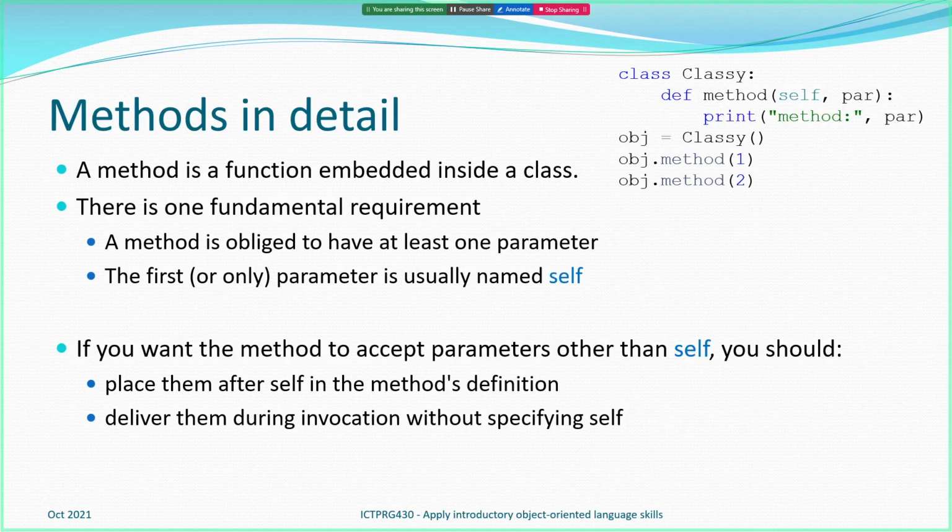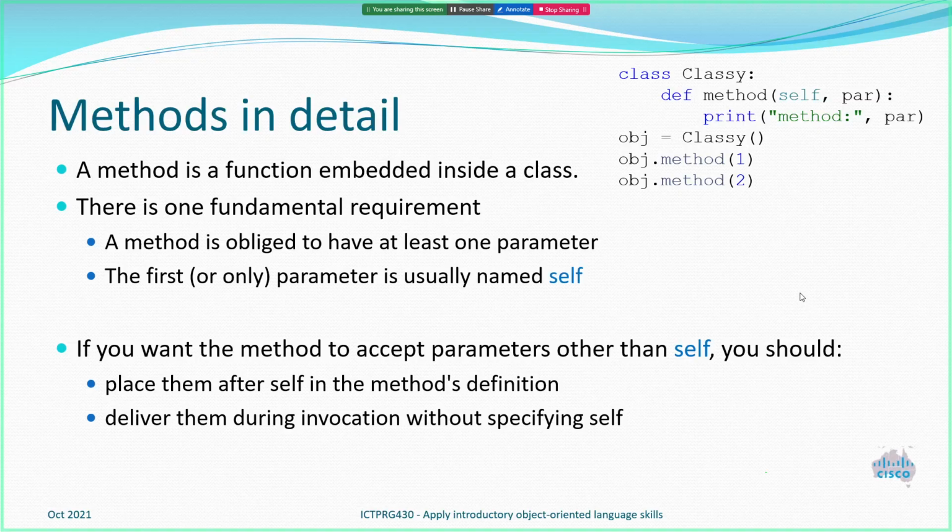You've got to have one parameter, and it's convention to have it named self, just to be interesting. You can put extras in afterwards, separated with a comma. This allows you to specify other parameters when you invoke these actions later.